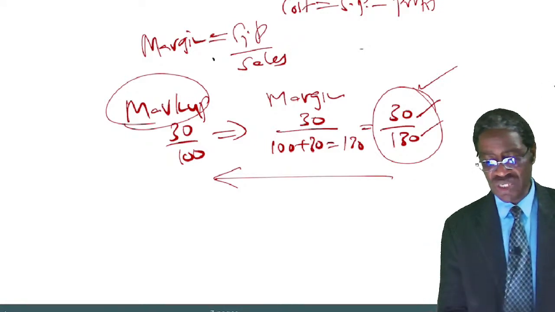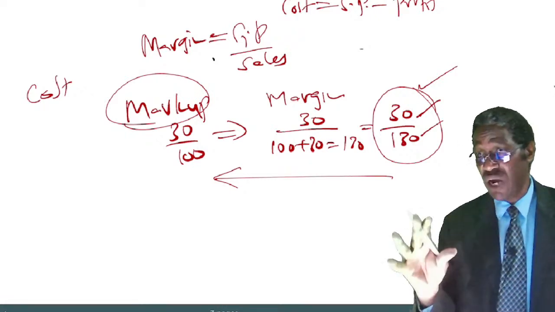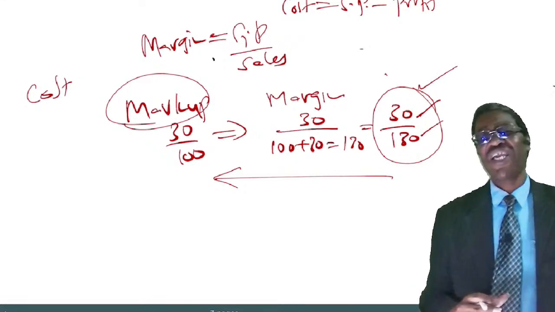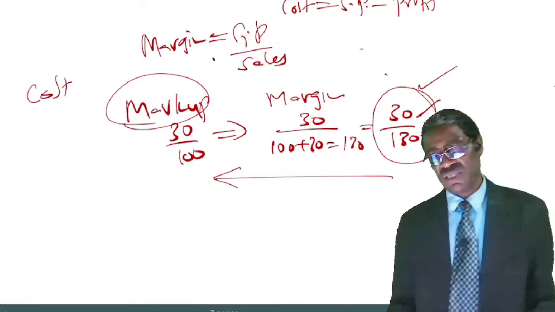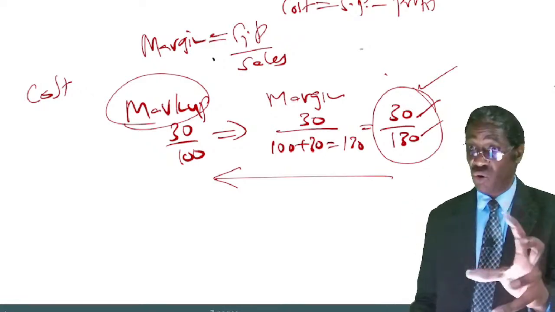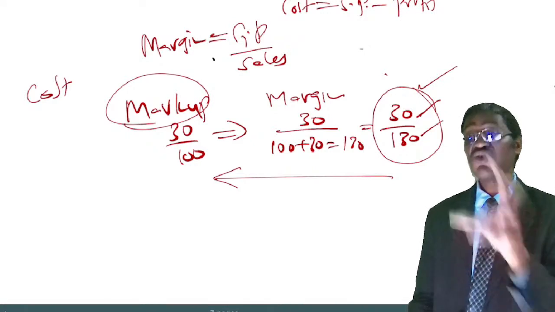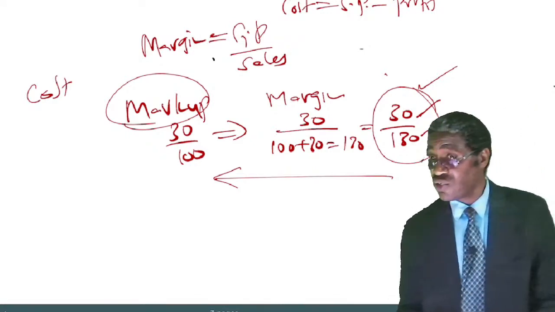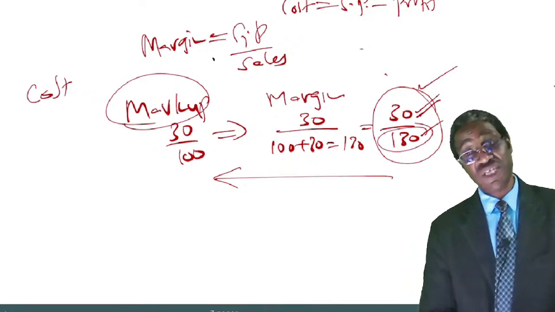Maybe the question has given you the cost of the goods and the margin. You can't take margin on cost; the two don't go together. So if you know cost, you need markup. If you know selling price, you need margin. If you are given margin and need to convert it to markup, just take the numerator and subtract it from the denominator.